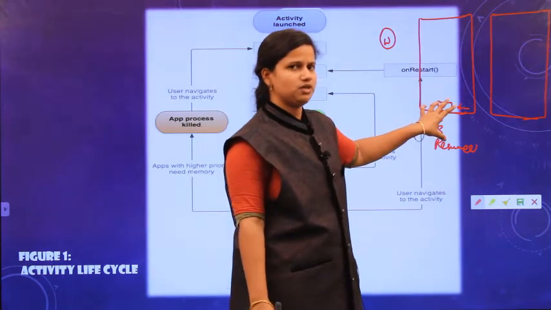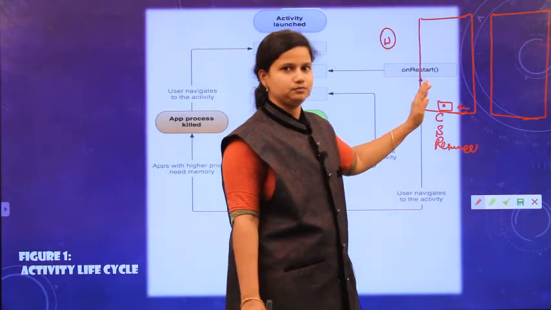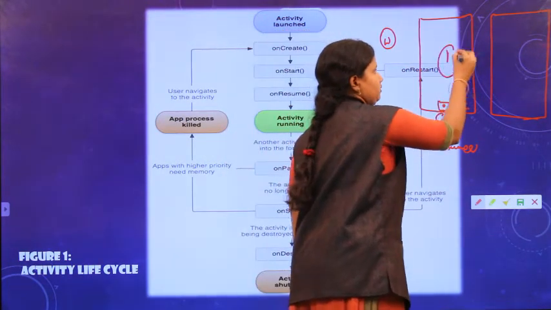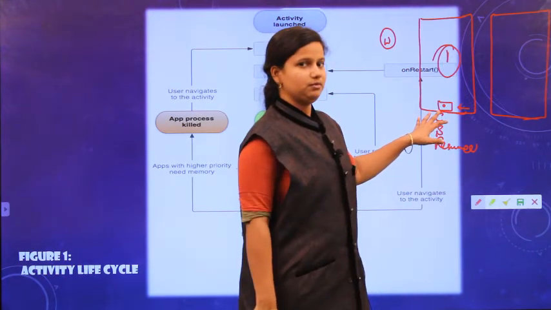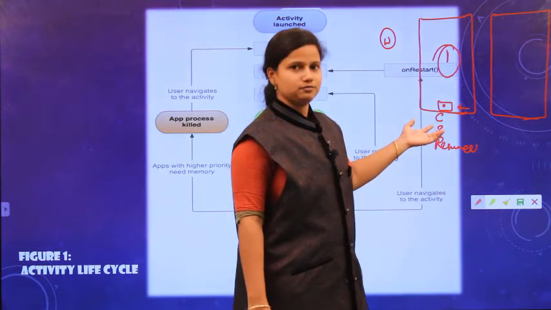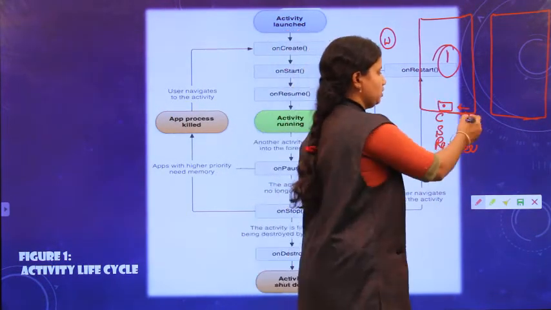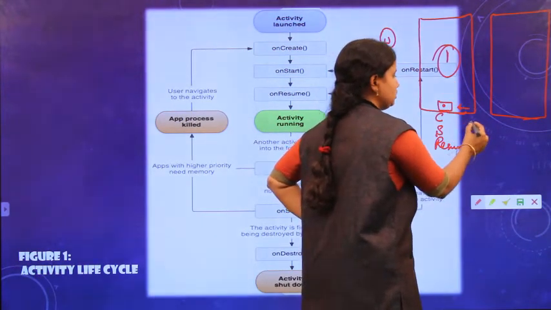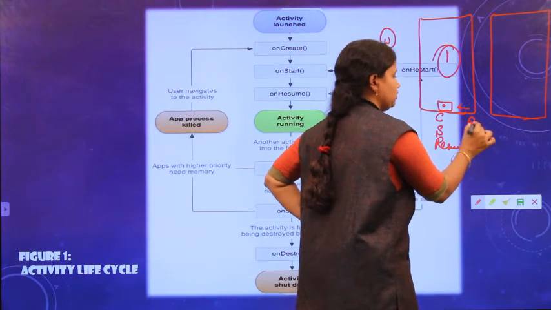What does the home button mean? Your application will be running in the background, and your activity, that means activity 1, is not closed by the user. At that situation, your first activity will call on pause and on stop.